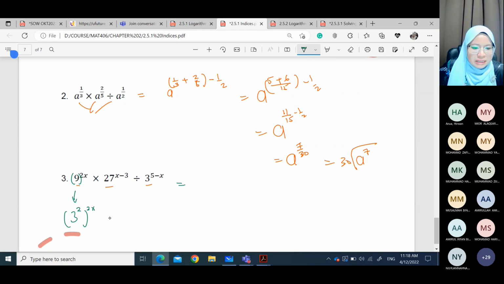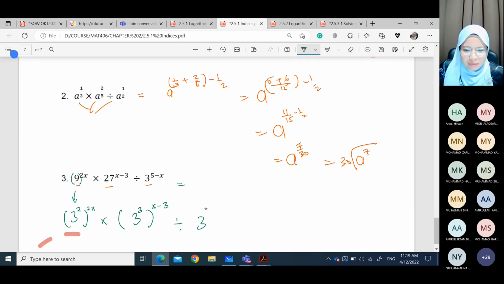Okay. Alright, so next kat sini 27. So 27 to the power of x minus 3. So 27 base dia adalah 3 juga, iaitu 3 kuasa berapa? 27. 3 kuasa berapa? 3. 3 kuasa 3. Okay. And then divided by 3 to the power of 5 minus x. Okay.